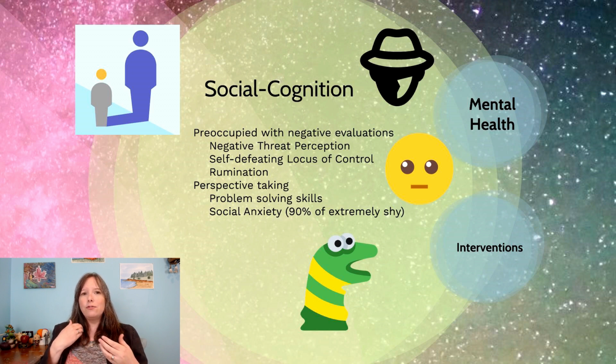So if a social situation wasn't overly positive, the shy child will assume they did something wrong. But if a social situation goes positively, they will externalize and say, oh, they had to be nice to me, or I was lucky, or that's not a big deal. So if something good happens, they don't take credit for it. But when something bad happens, they internalize all the blame.